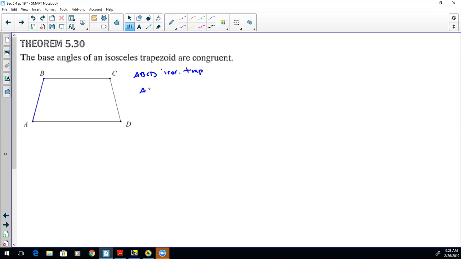So that means we're going to have AD parallel to BC. And we're also going to have AB congruent to CD. Okay, so this side and this side are congruent. Okay, now here's where we pull out something from the very first of this section, and that is the parallel postulate.